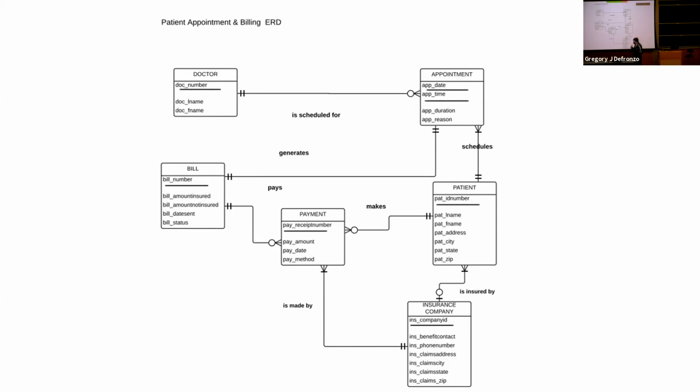Generally, you don't have many policies unless you're on Medicare, then you can have a plan B or a plan C. So if that were the case, this would be a many. But basically, this was pretty easy. Any questions on this? So hopefully you guys did the drawings. All right.